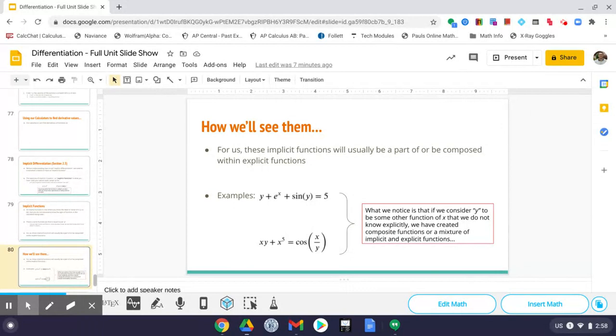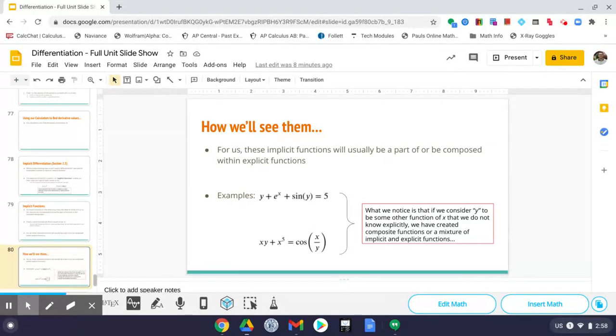So the first part, xy plus x to the fifth. Okay, I know how to work with x to the fifth. I've got x multiplied by y, and then on the right-hand side of the equation, it's cosine of x divided by y. I know it's implicitly defined because there's an extra y value in there that is being a part of an operation, right?